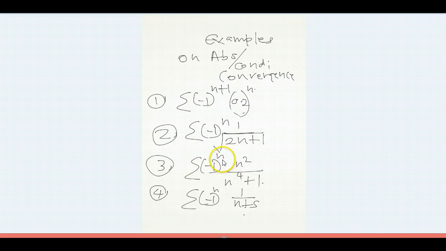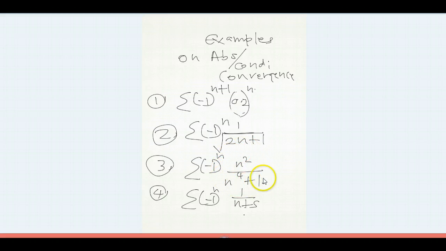In part 2, we look at the absolute value series. When we look at the absolute value series, the alternating widget goes off, and we just have n squared over n to the 4 plus 1. Can we look for a partner here?